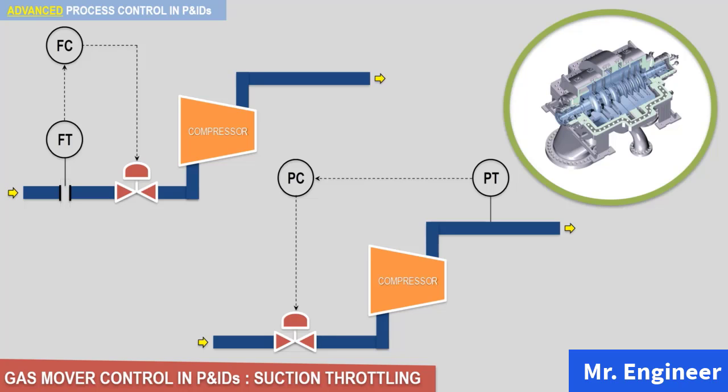Recall that with pumps, you have the danger of cavitation if you place the control valve on the suction side, but cavitation is not an issue with gas movers. With this method, so suction throttling, there are two options for a control loop: flow loop as seen on the left-hand PNID schematic, or pressure loop as seen on the right-hand PNID schematic.